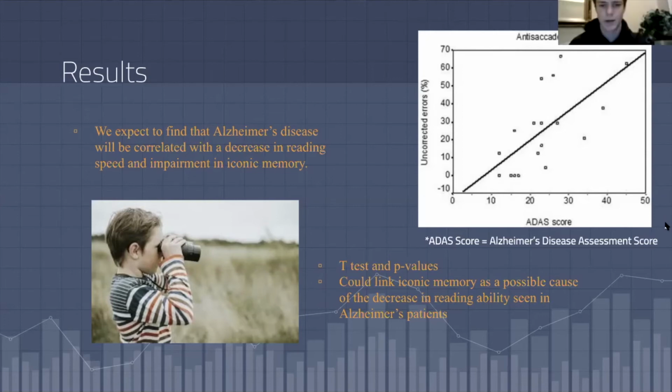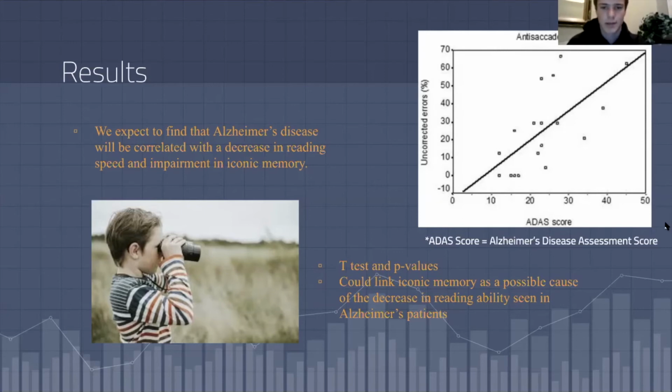Yeah, and also going back to what Stephen talked about with the hypothesis, what we're expecting is to find not only a correlation between Alzheimer's and deficits in iconic memory and deficits in reading speed, we're expecting a correlation between those 2 deficits that will go together in Alzheimer's patients, as opposed to neurotypical individuals.